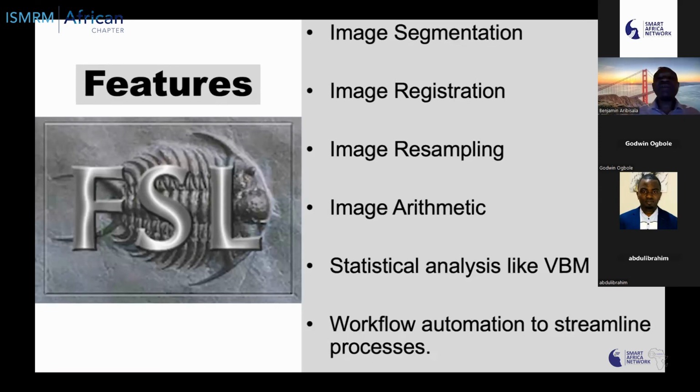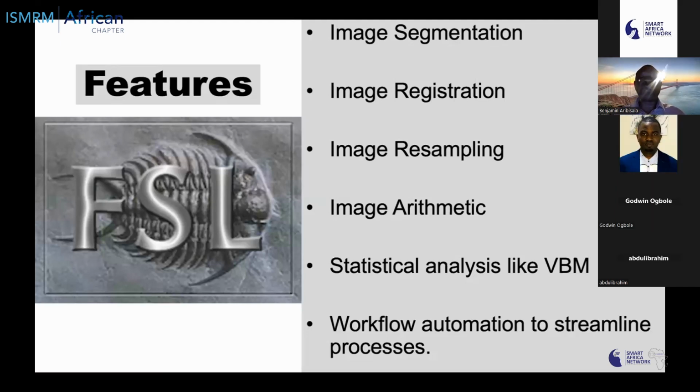So what can you use FSL to do? You can use it for image segmentation, for image registration, image resampling, image arithmetic, statistical analysis, and you can develop pipelines, or you can batch whatever you do.